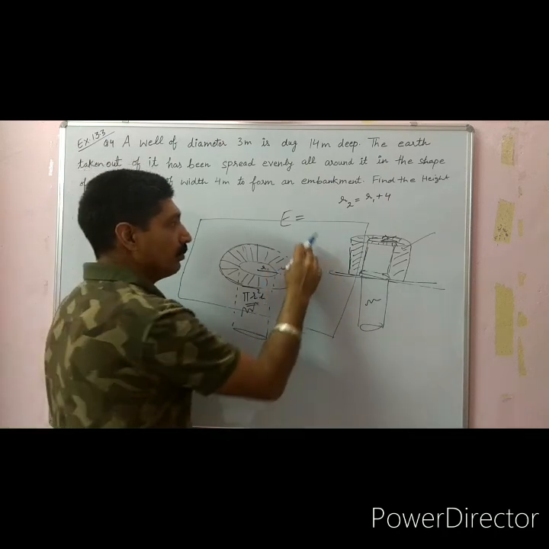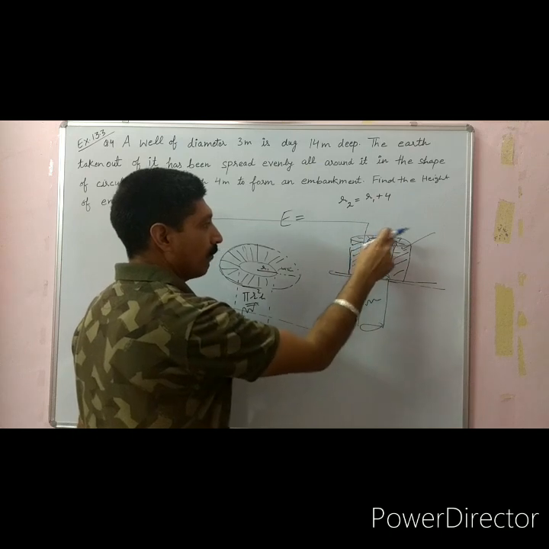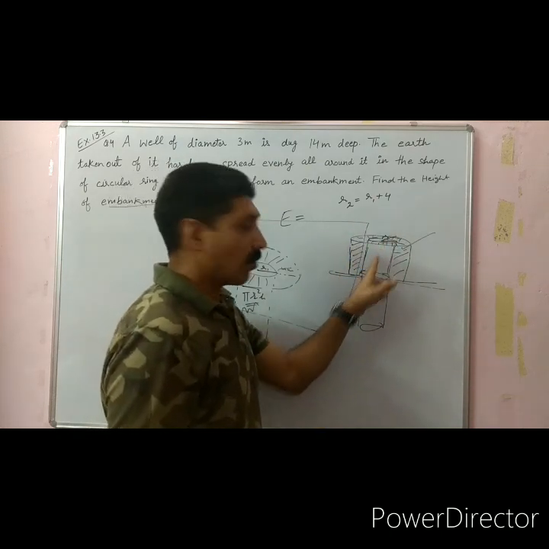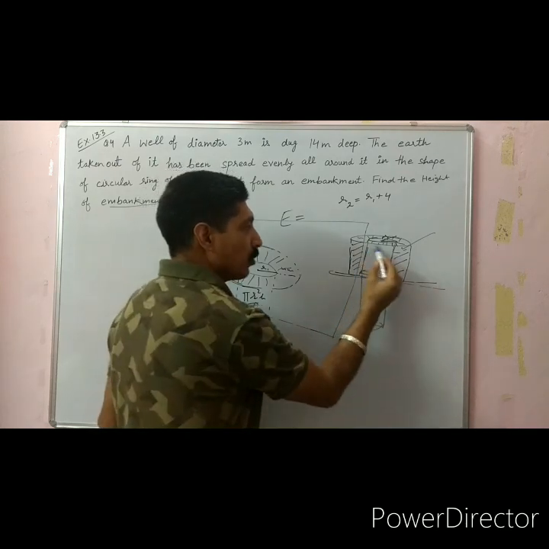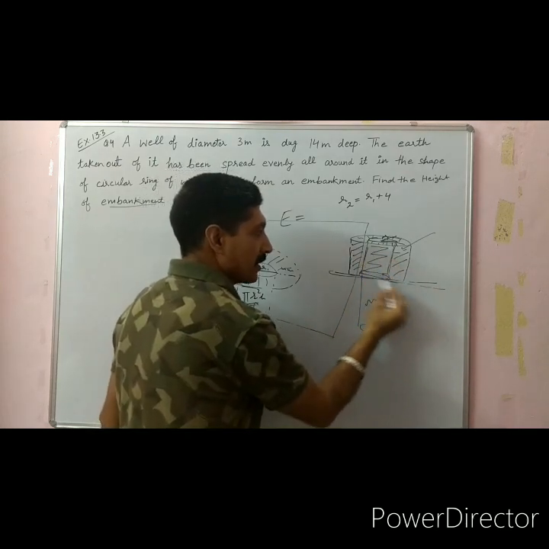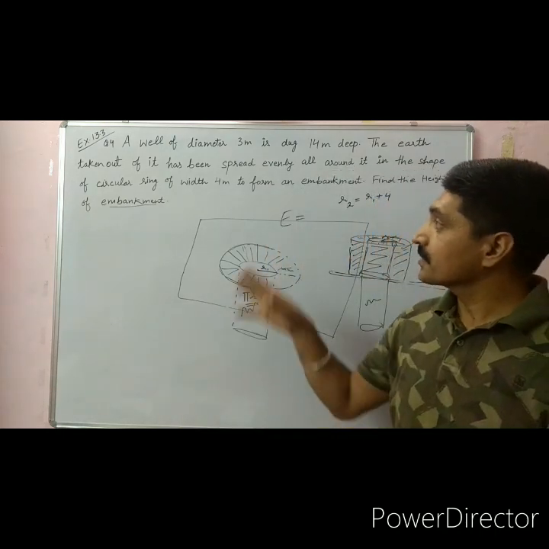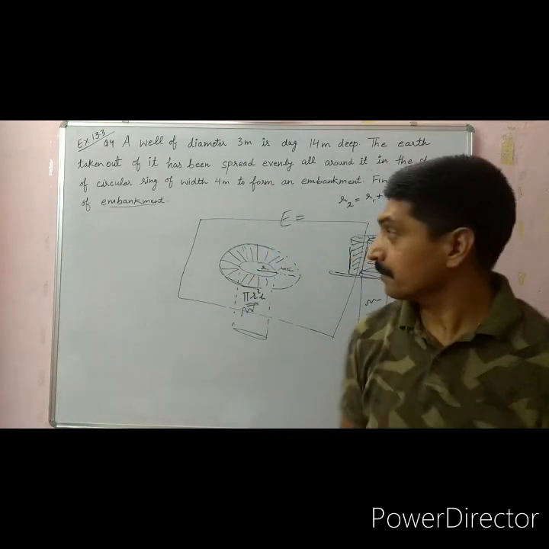So the volume is the bigger cylinder minus the smaller cylinder, because this portion is empty. I hope you understood the question. So let's start the solution.